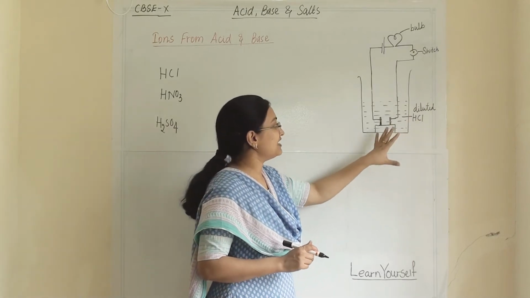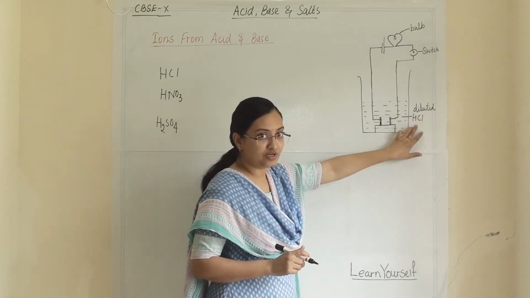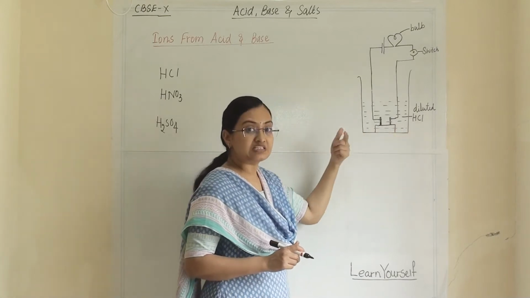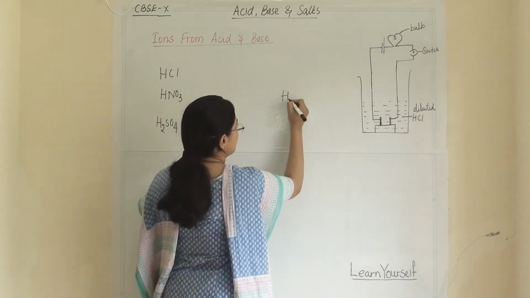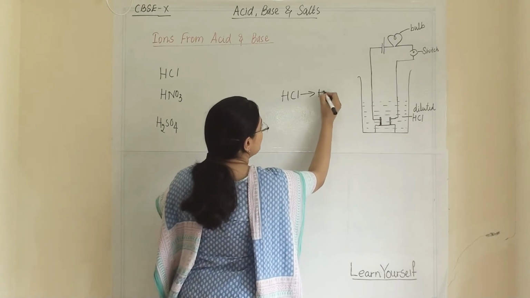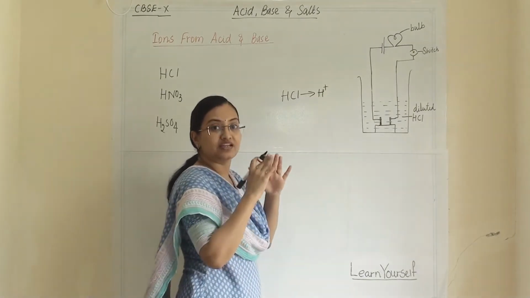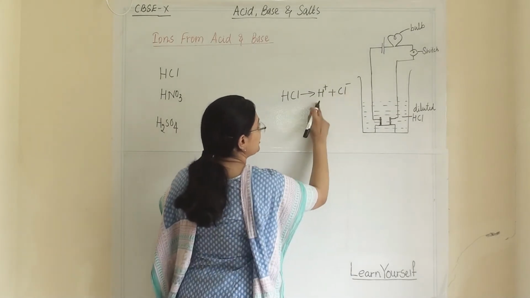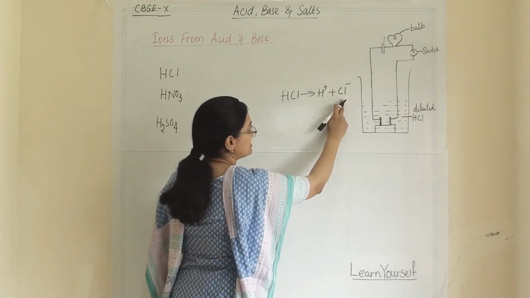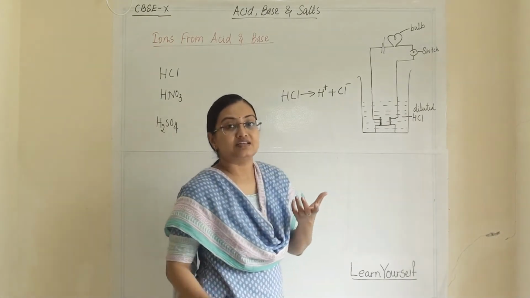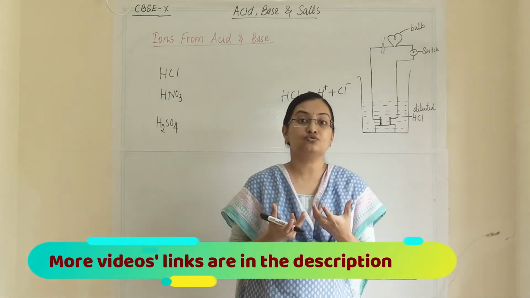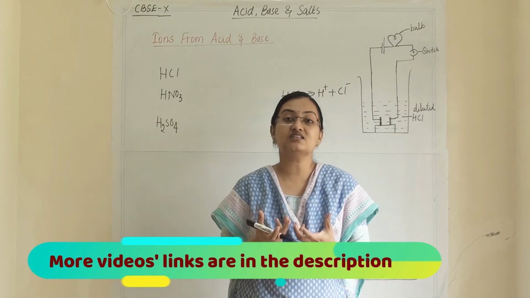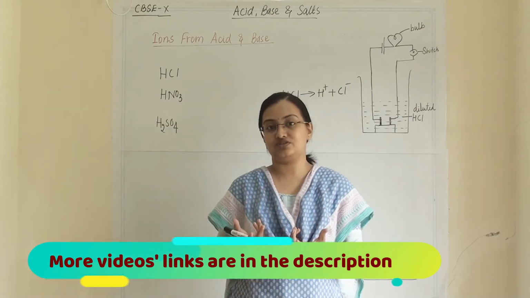When diluted hydrochloric acid is mixed with water, the HCl will dissociate, or decompose, into H plus and Cl minus. We know that electricity passes through ions. The ions are the carriers of electricity.